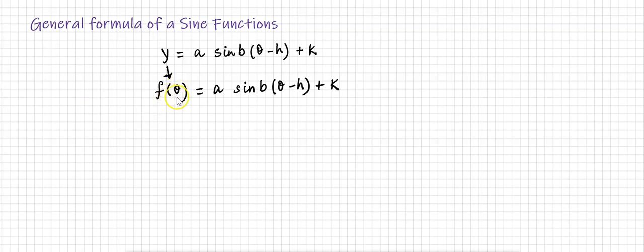This y is always the dependent variable on the x, right? So here this function of theta is dependent on the angle, the theta. So theta will be represented on the x-axis, and function of theta will be represented on the y-axis. I want to do a quick recap of why we have written it like that.